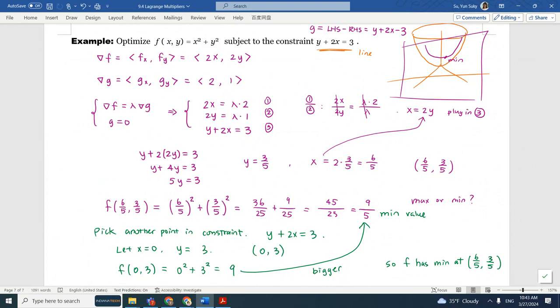Is that okay, everybody? And you can see in this problem the process is easier because you don't have separate cases and you only have one point instead of multiple points. All right, this is one example.